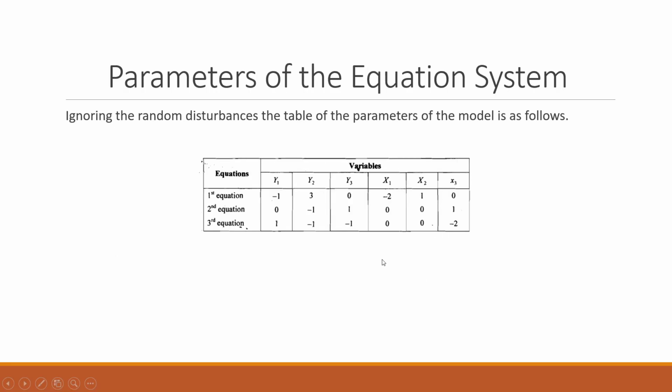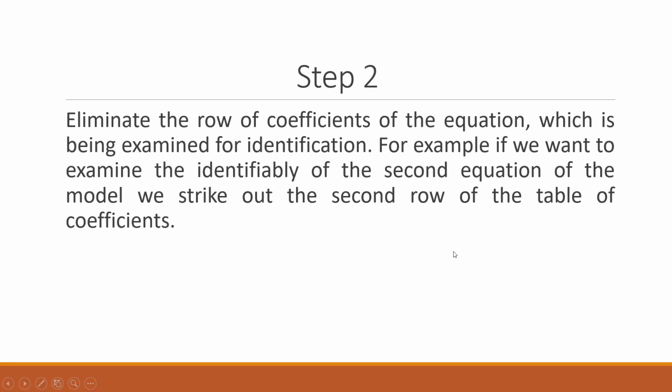We will be ignoring the random disturbance term in this table. Step 2: eliminate the row of the coefficients of the equation which is being examined for identification. Just try to recall, we will be using the second equation because it was over-identified and therefore we want to test the rank condition for it.